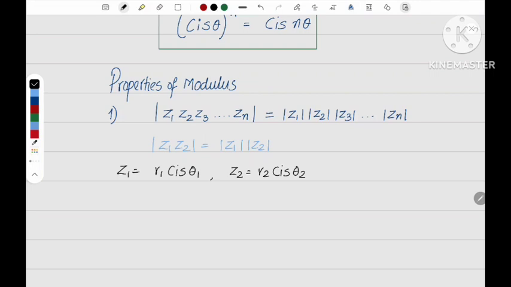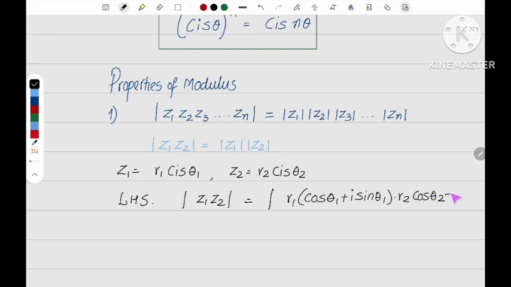Is theta 2. So if I multiply z1 z2, let us say I'll take LHS. LHS is z1 z2, that is r1 into cos theta 1 plus i sin theta 1, into r2 into cos theta 2 plus i sin theta 2.